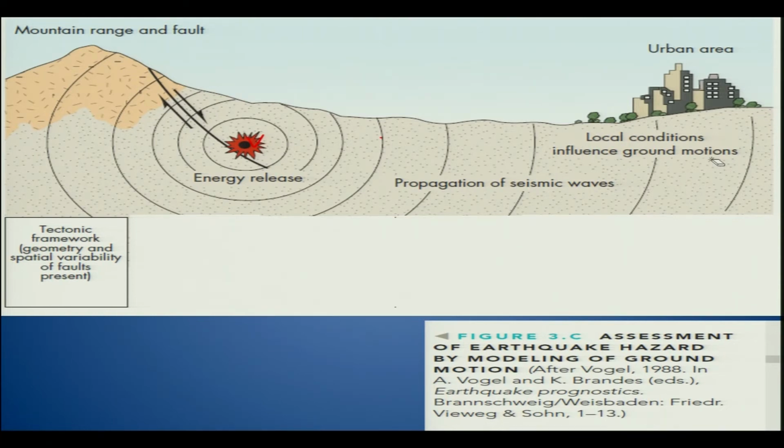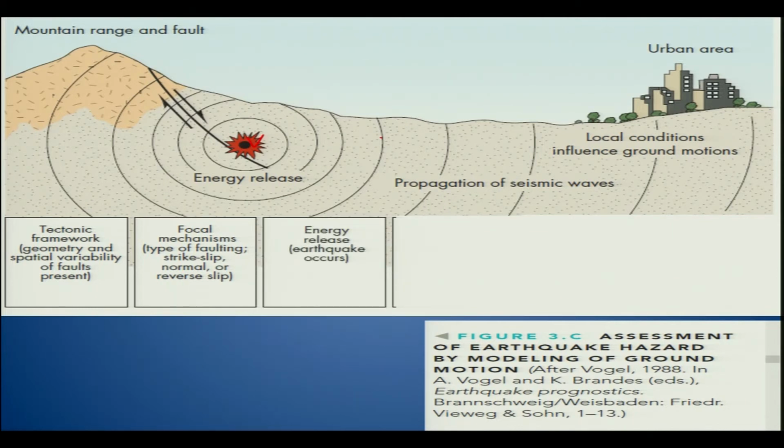We should know the geometry and the spatial variability of the faults present in that particular area. Focal mechanism, that is, whether the faulting is a strike slip fault, normal fault, or reverse slip fault. We will clear this when we talk about the different types of faults, but please remember this and back refer to it to understand the faulting pattern, because each type of faulting has a different environment.